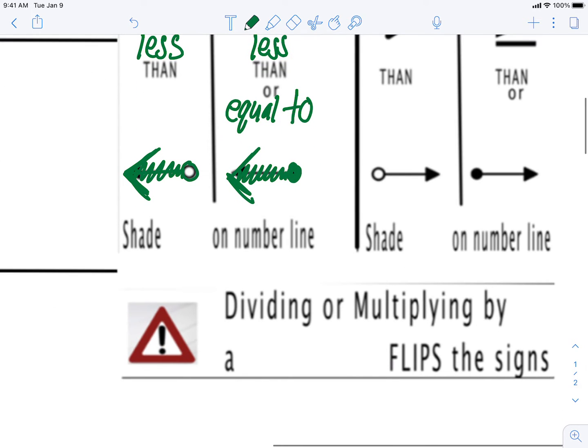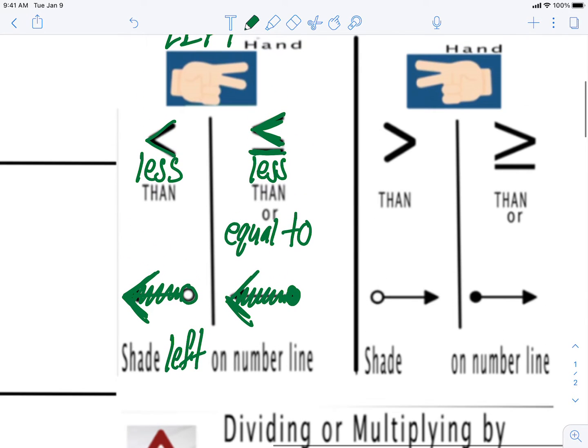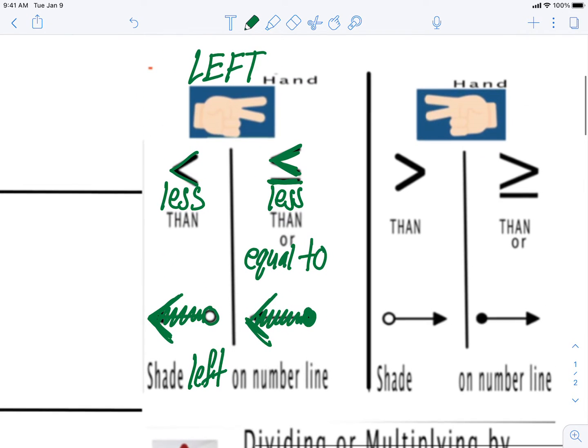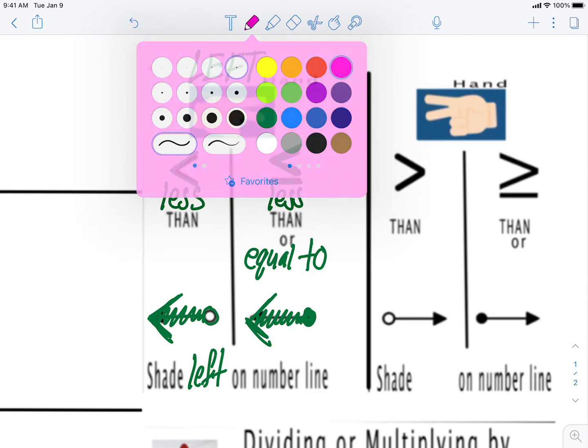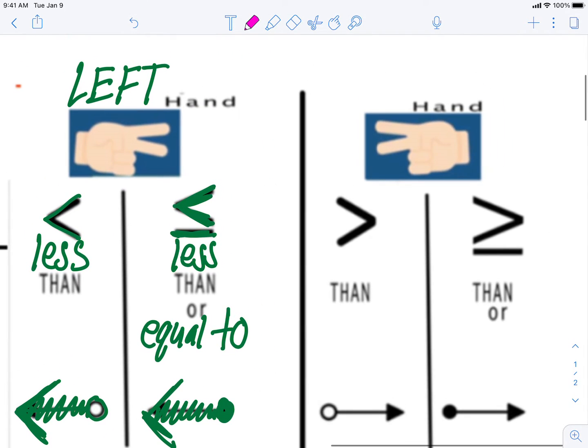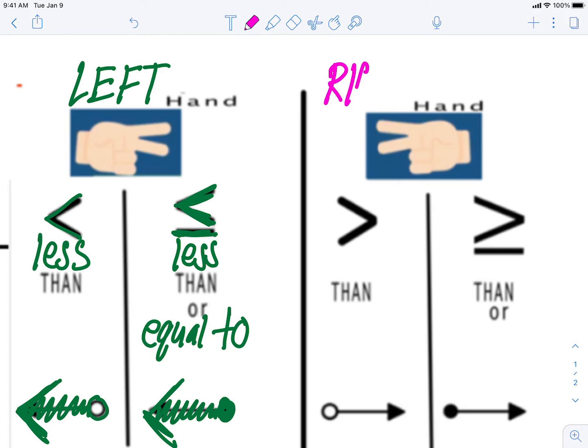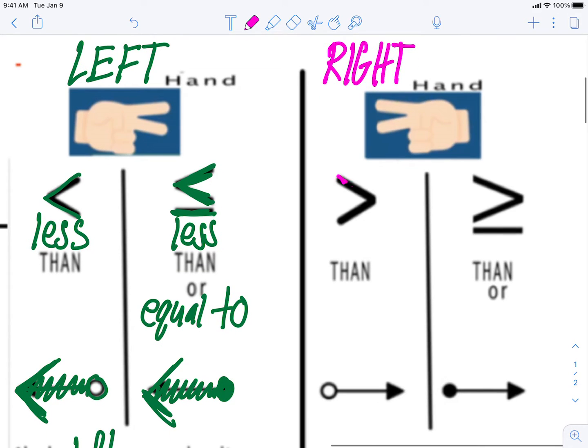So we know that we shade left on the number line, right? When we use our left hand, right? Left hand means left, right? Less than. Okay? So when we use our right hand, we make this symbol here.